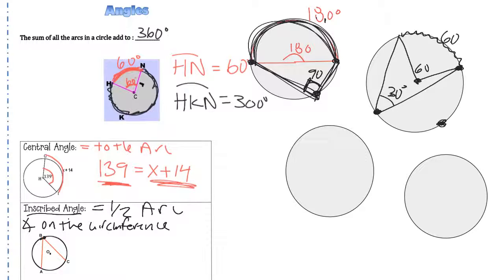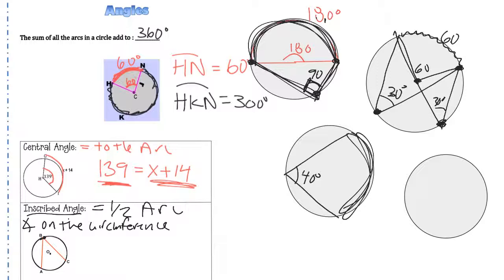And then if I put that angle anywhere on here and hit the exact same arc, it's always going to be 30 degrees. And let's just go the other way. If I have an inscribed angle, let's say this is 40 degrees, the arc I'm hitting then is twice as big, it's 80 degrees. So just a few numbers to see how it goes.